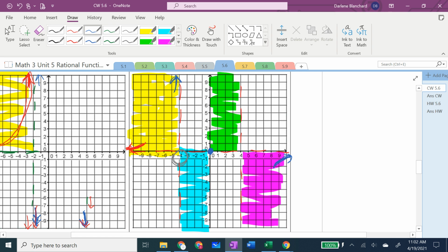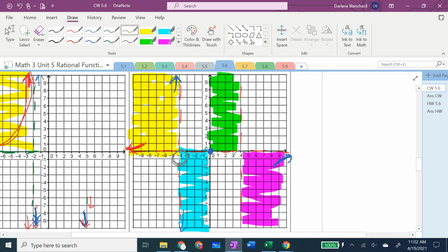On the right side, I'm either heading up or down. I can see that because I have negative y values there, I am heading down. That was vertical asymptote number 1.